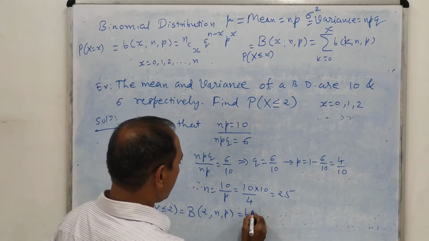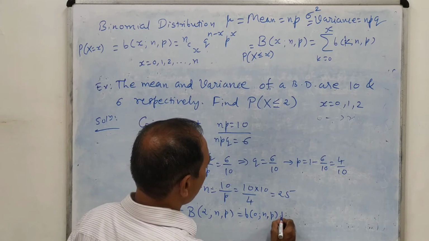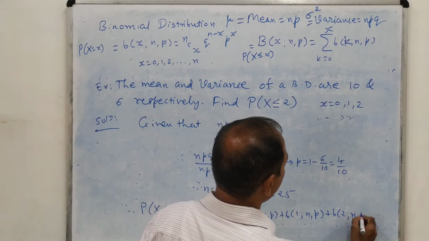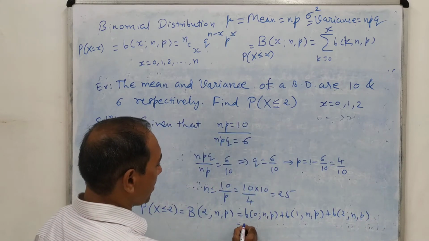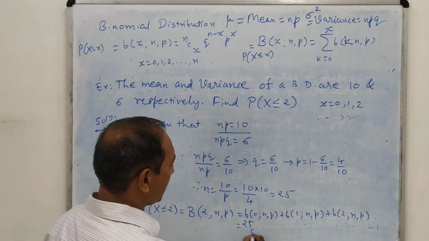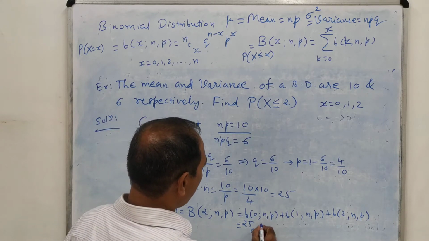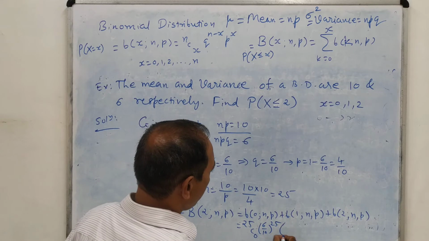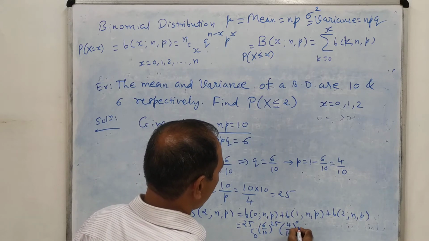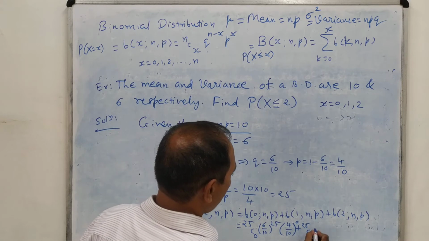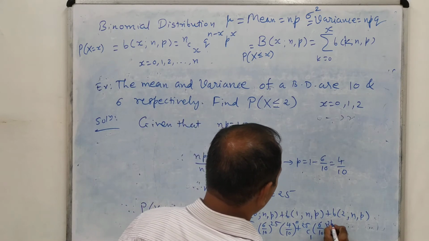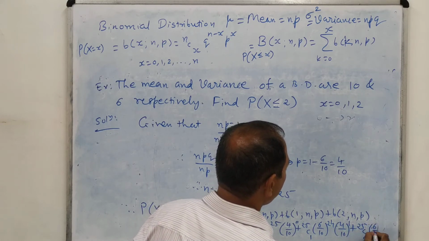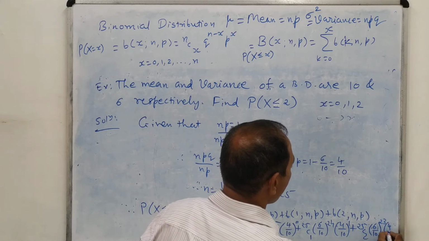So this is nothing but b(0; n, p) plus b(1; n, p) plus b(2; n, p). b(0; n, p) means 25C0 into (6 by 10) raised to 25 minus 0, into (4 by 10) raised to 0, plus 25C1 (6 by 10) raised to 24 into (4 by 10) raised to 1, plus 25C2 (6 by 10) raised to 23 into (4 by 10) raised to 2.